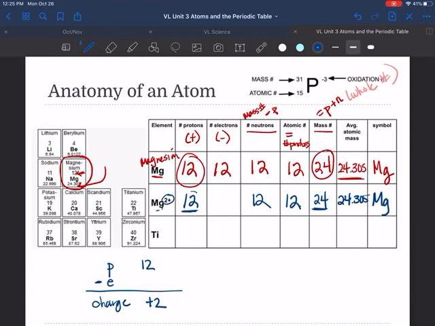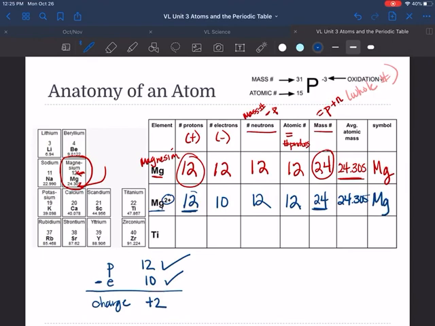The protons are the identity. So if I had 14 protons, I'm a different element. But 12 minus what number gives me +2? Well, that's 10. So in this version of magnesium, we only have 10 electrons. 12 positive charges is 2 more than 10 negative charges to get you a +2.